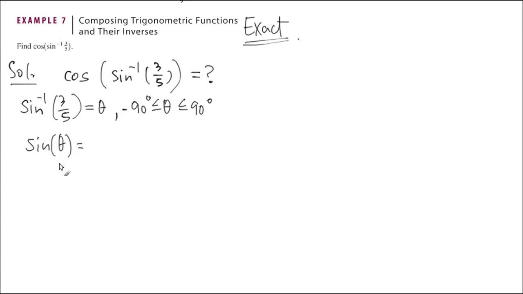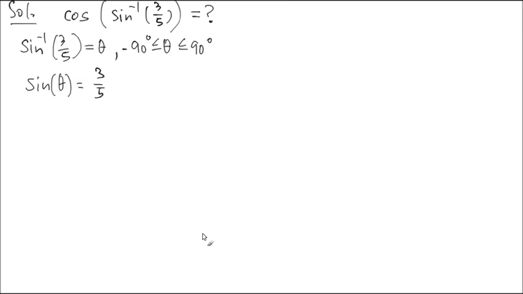If sine inverse of 3 over 5 is theta, what is sine theta? 3 over 5. That's the meaning of sine inverse, right? So from there I can get everything about theta. Here, this is y over r, correct? So what is y? 3, and r here is 5.